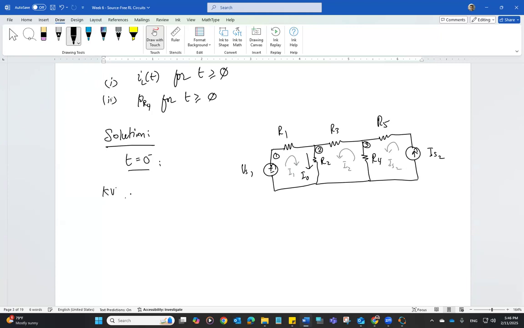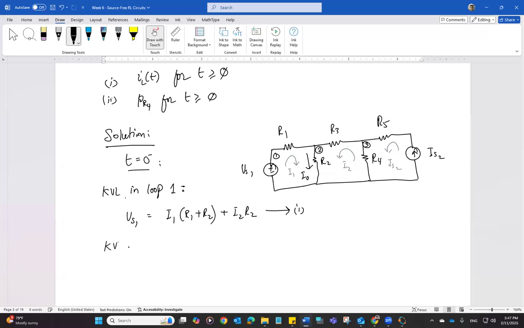So KVL in loop 1, we have VS1 as my source equal to the voltage drop across R1 and R2, which will be I1 (R1 plus R2). And then the current passing through R2 is I1 plus I2, so I'm going to put I2 R2. That is going to be my equation number 1.